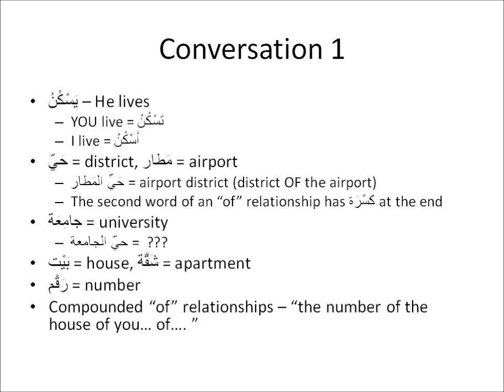Do you live in a house? نعم أسكن في بيت. Yes, I live in a house. هل تسكن في بيت? Do you live in a house? لا أسكن في بيت شقة. I live in an apartment. ما رقم شقتك? What is the number of your apartment? 5. ما رقم بيتك? 5.